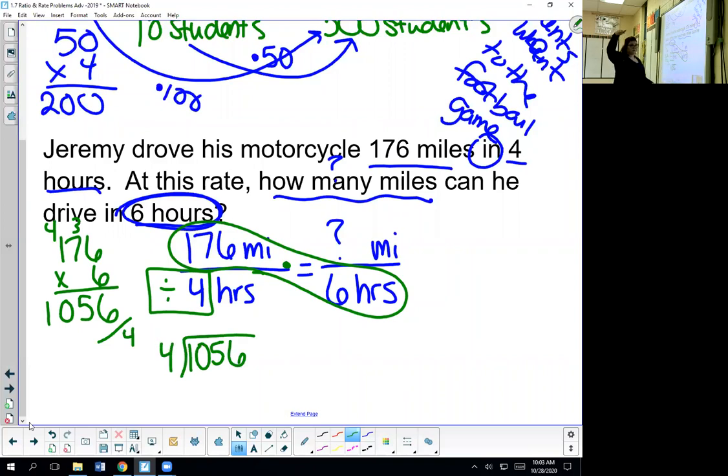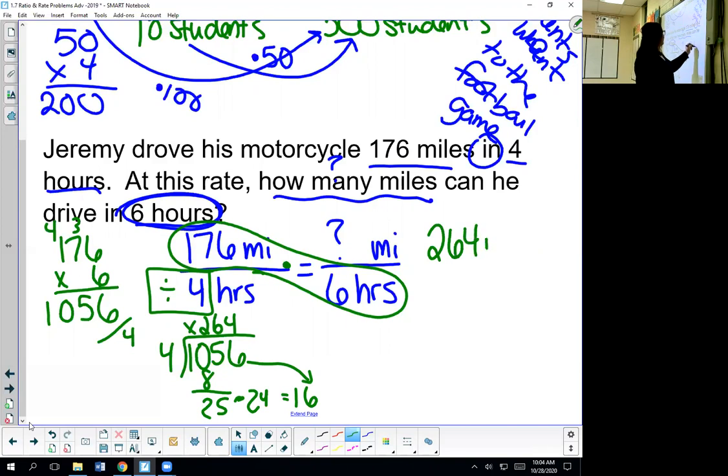Your numerator is your 1056, cut into 4 pieces, doesn't work. 4 times 6 is 24, which is a remainder of 1, and then bring down my 6, 16, there it goes. My answer here is 264 miles he can go, or whatever, Jeremy, in 6 hours. But this is the answer here.